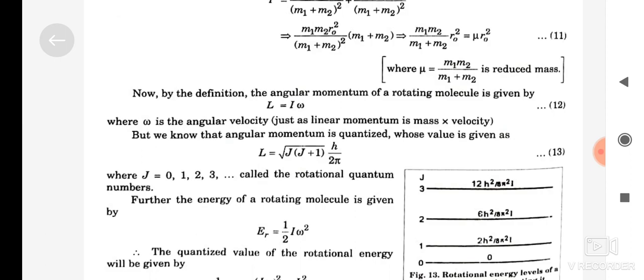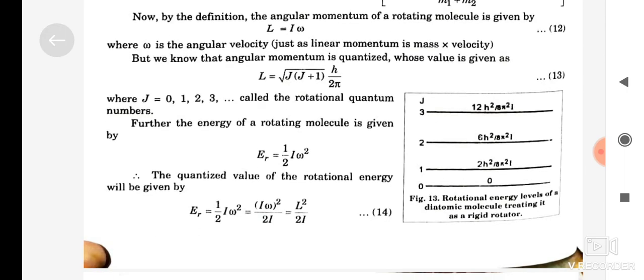Now by definition, the angular momentum of the rotating molecule is given by L is equal to I omega, where omega is the angular velocity. But we know that angular momentum is quantized, whose value is given by L is equal to under root j into j plus 1 into h upon 2 pi, where j is equal to 0, 1, 2, 3, called the rotational quantum number.